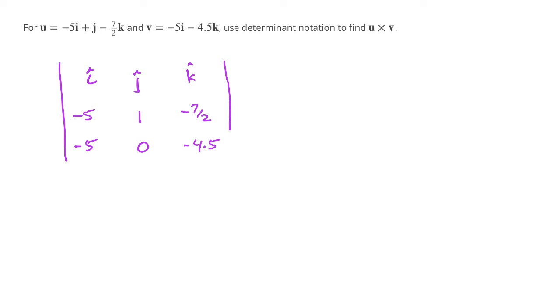And so we want to compute this 3 by 3 determinant. How we do that, we take the first entry of the first row, which will be our vector i, and then the determinant that we use to compute the i component will be the determinant where we ignore the first row and the first column. What that will give us is the determinant 1, -7/2, 0, and -4.5.